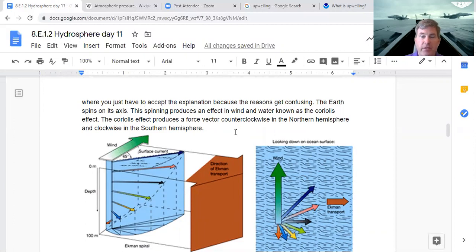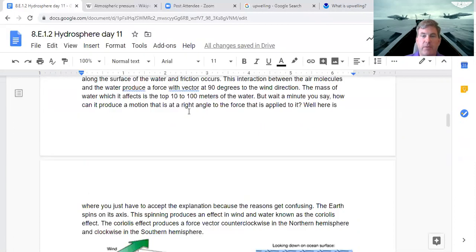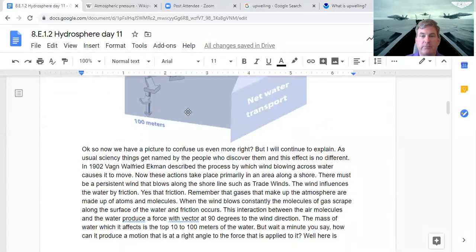Because the earth is spinning, it causes things to rotate, even though they're traveling one way. So that's why hurricanes rotate one way in the northern hemisphere, and storms in the southern hemisphere rotate the other way. Coriolis effect. It is a huge deal in weather. So remember that. So Ekman transport.